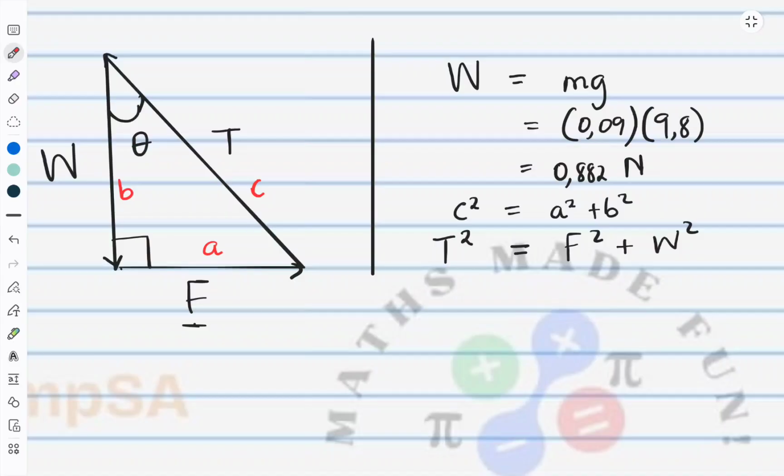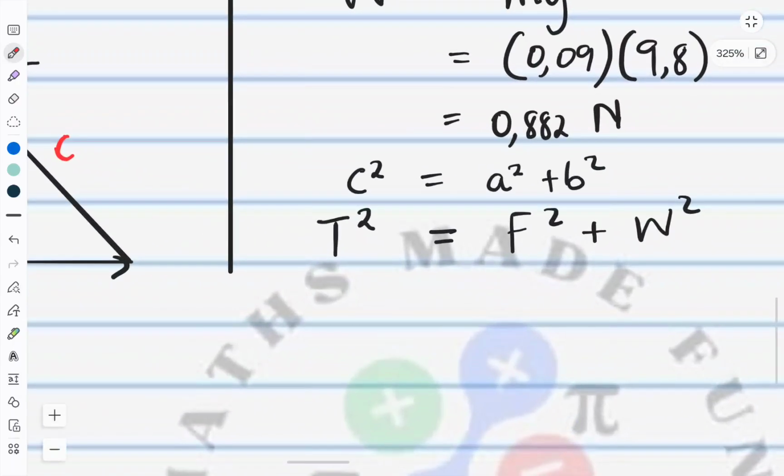A is my F, that's my adjacent side. And B is my weight, that is my perpendicular side. So from here, I can simply say therefore T.